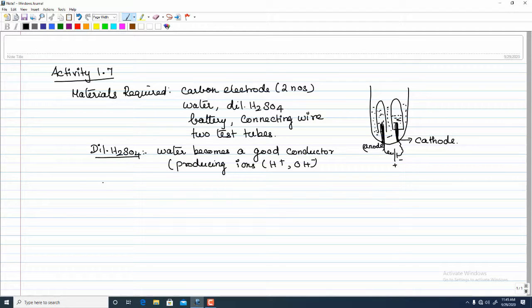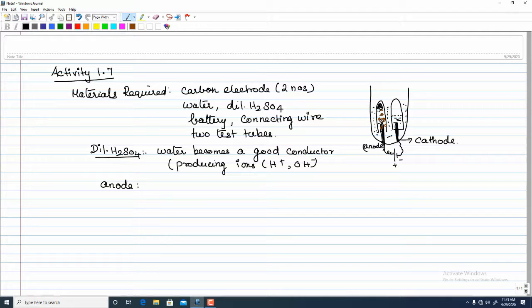When electricity is passed, you can see bubbles of gas being released. The bubbles indicate that gas is released in the test tube. When these bubbles move up, they slowly occupy the empty space in the test tube.